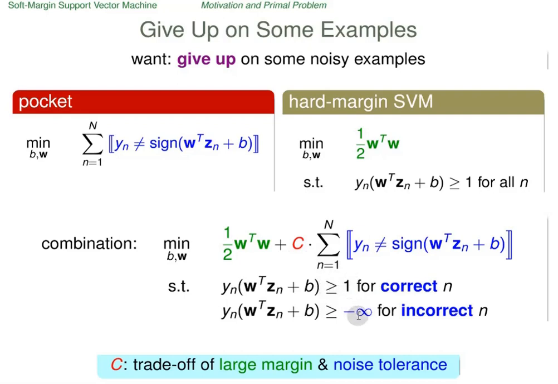If not, then greater than -infinity. Now, as you can notice, the new optimization is more complex, since we have another constraint that accounts for incorrectly classified points. So, can we minimize this combination of pocket and then hard-margin SVM optimization?